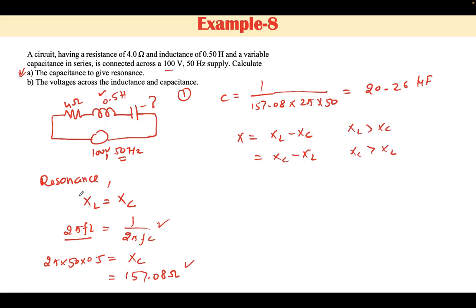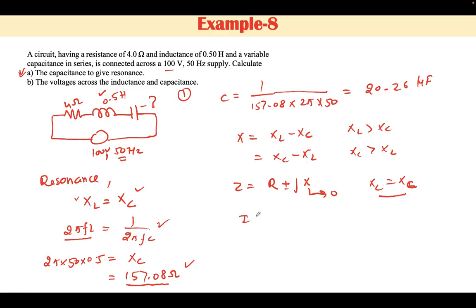We can find out XL and XC. This is the resonant condition, and hence Z is equal to R only, because the plus minus jX component is 0, since XL is equal to XC, and hence Z is equal to R.